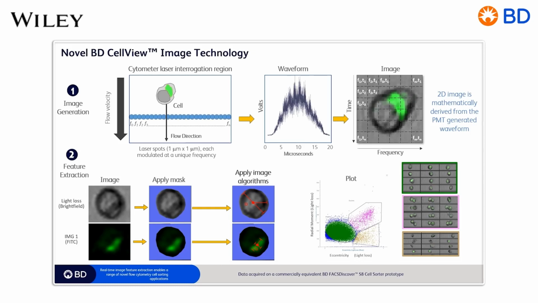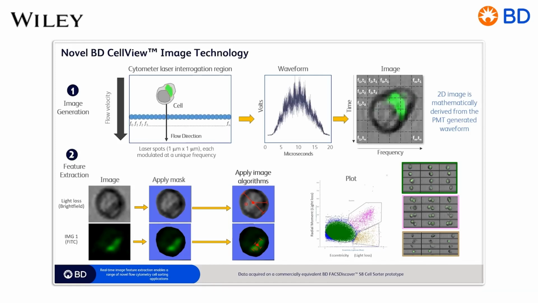What you end up with is a series of images, as there are 6 different channels. You have light loss, which is that gray and black image that you see there, which is very much like a bright field image. Then you have side scatter and forward scatter, as well as 3 fluorescence imaging channels.